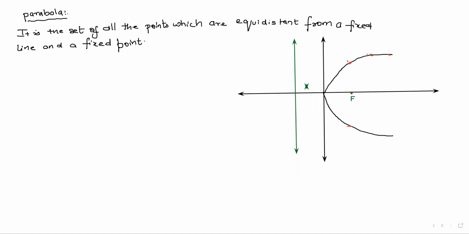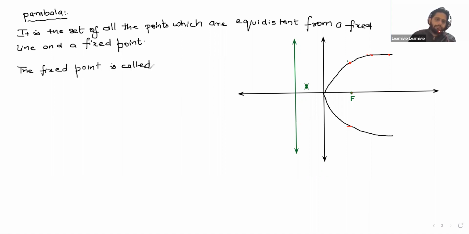Sir, so the distance from F to that curved line and the straight line will be equal. Yeah. Let me complete this statement. The fixed point is called the focus.